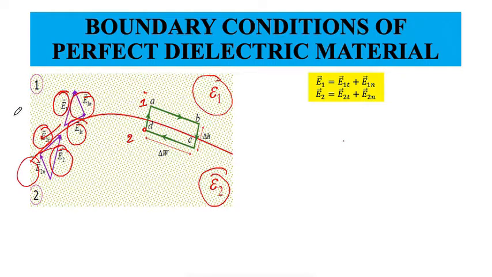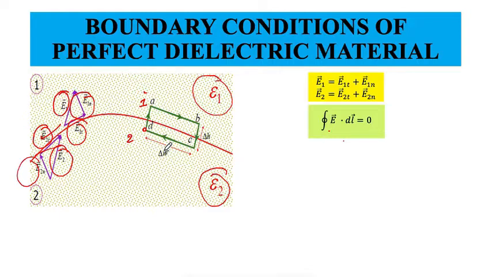Now we can relate these fields by using the line integral of E dot dl equal to 0. To do that, let us imagine a loop with width delta w and height delta h, and let me locate the path in this direction.